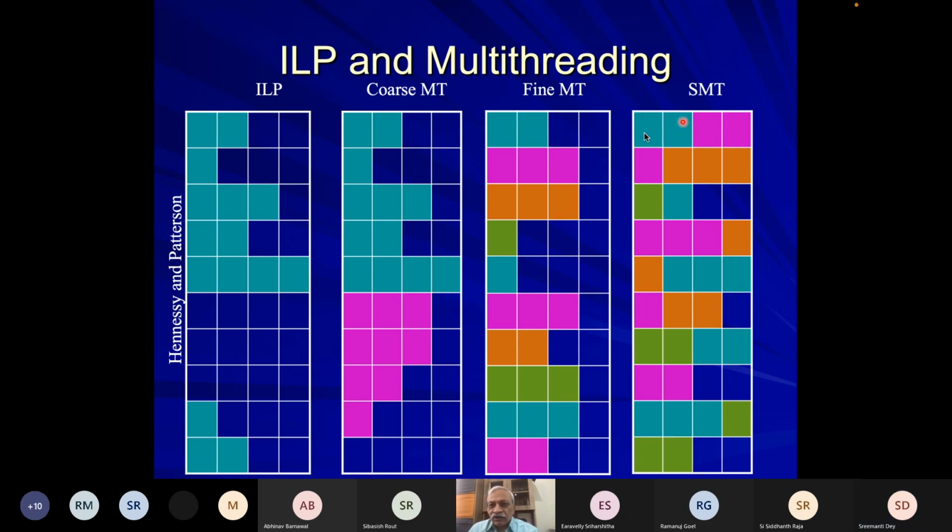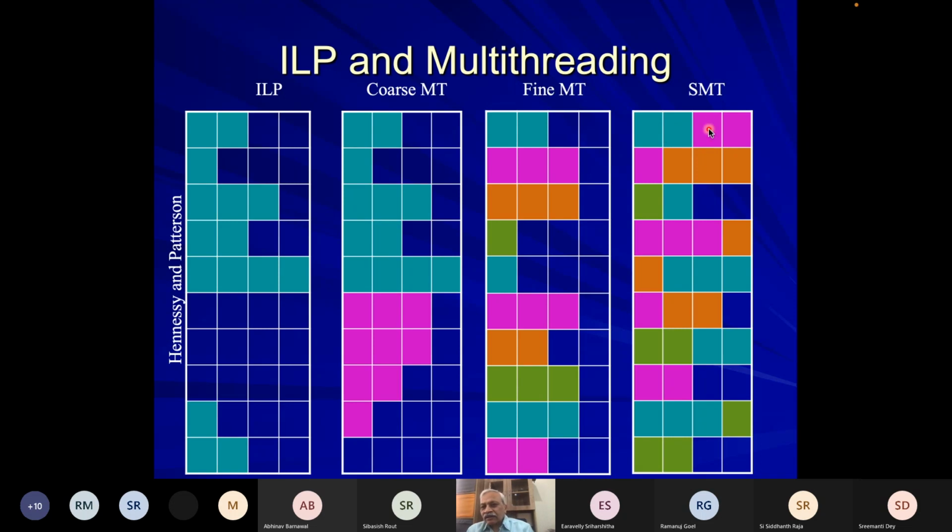If you look at the rightmost diagram, in this cycle you are issuing 2 instructions from one thread and another 2 instructions from another thread. So you are able to mix and combine instructions coming from different threads. Of course, a dependency check has to be done, and you can take up instructions which are independent. So these 2 instructions which are from one thread are independent among each other.